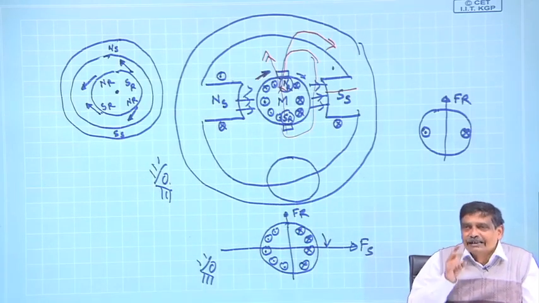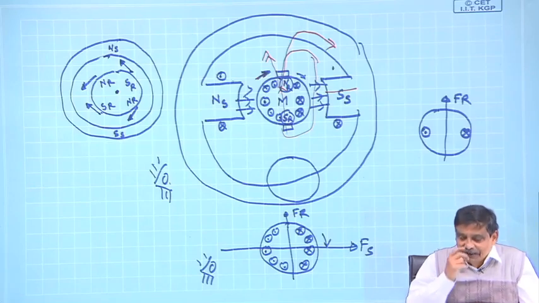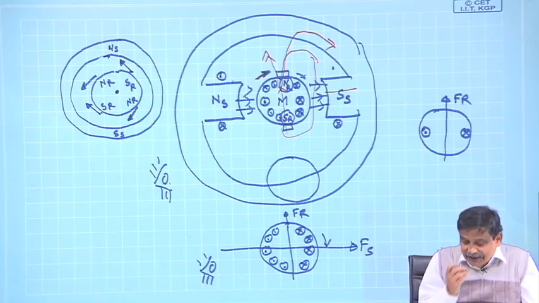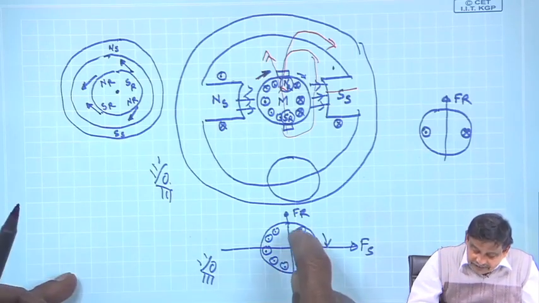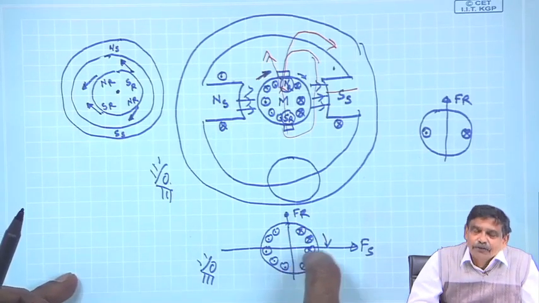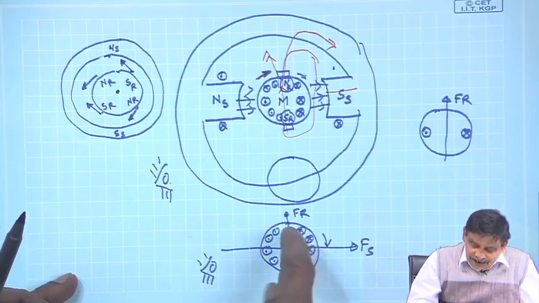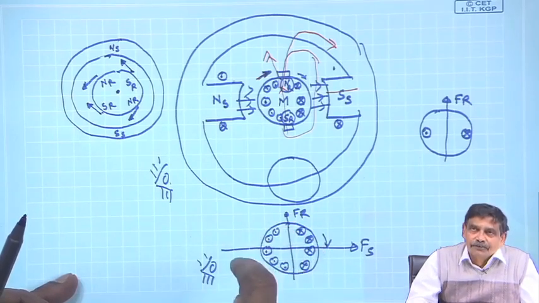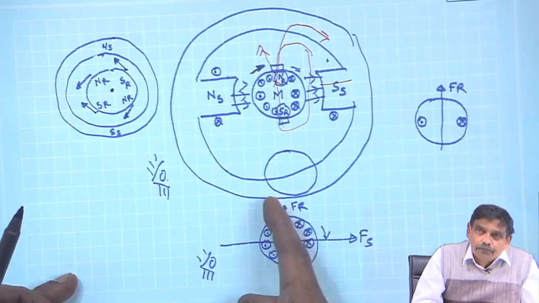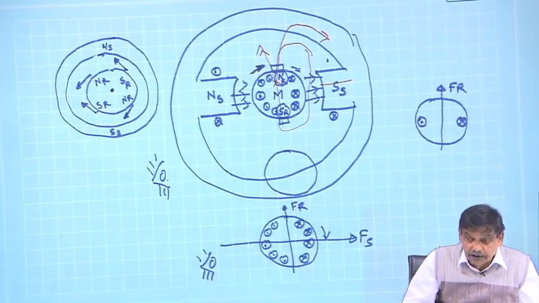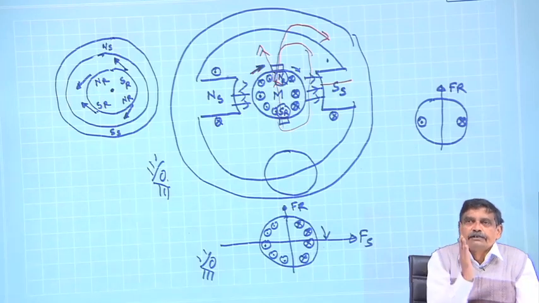So, that is why whoever suggested this way of constructing a machine like a DC machine, it is a marvel. I mean, the commutator segment and brush always make sure that the current on one side is always cross and current on the other side is always dot, and therefore, the field produced by the rotor, although the rotor is rotating, is fixed in space.